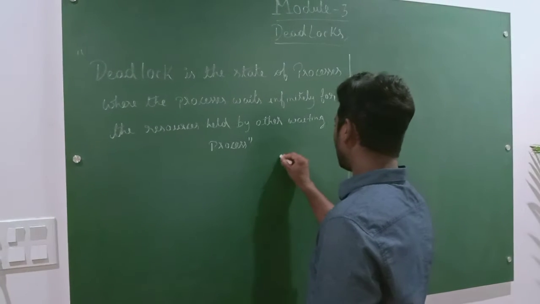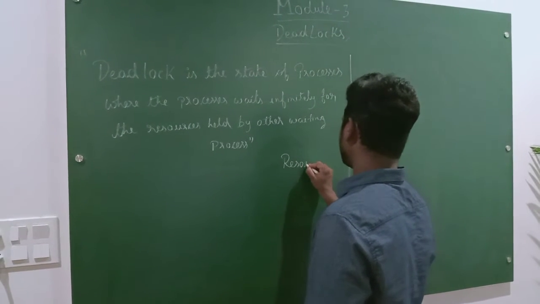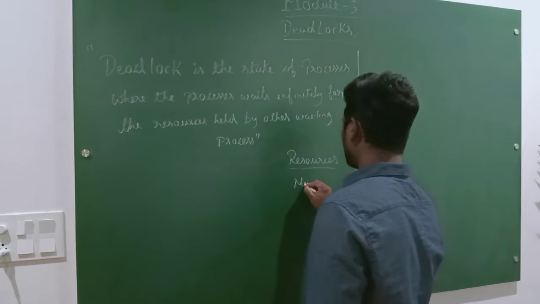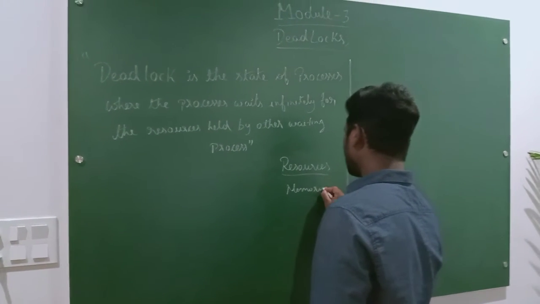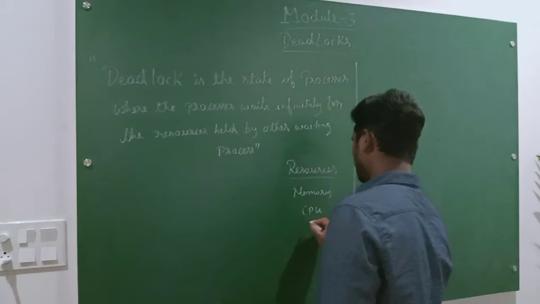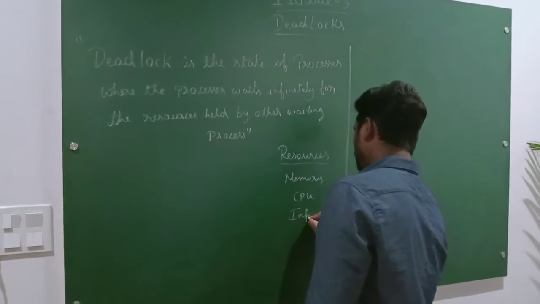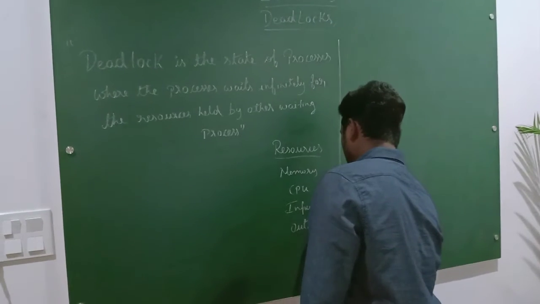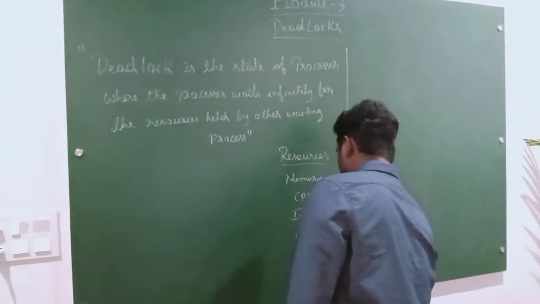Before that, what do you mean by resources? System resources can be anything. It can be memory, it can be CPU, it can be an input device, an output device, registers, whatever it may be.